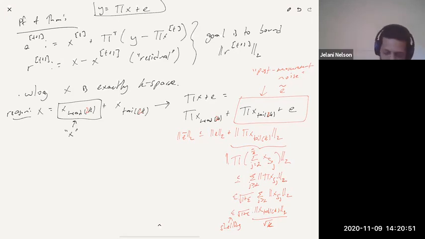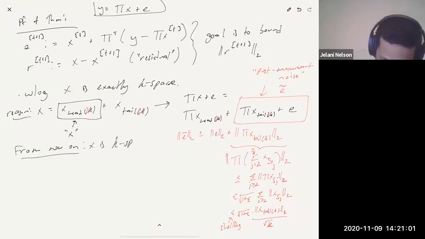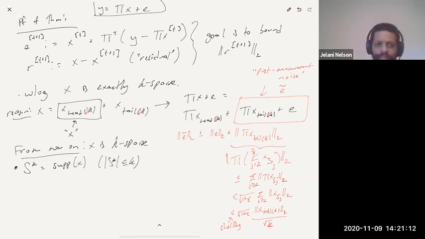Okay, so let me do some more definitions. So from now on, x is actually sparse. And I'm going to make some definitions. So S star is going to be the support of x, so that the size of S star is at most k. And then I'm going to say S_t is just defined to be the support of x_t.